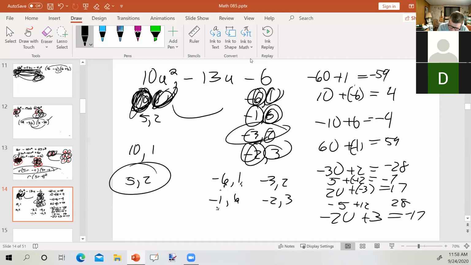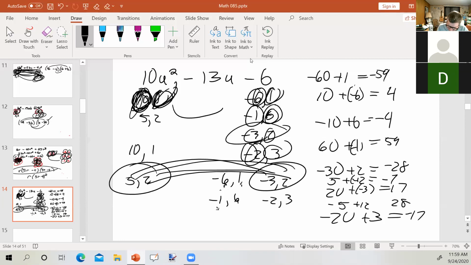Here, 5 and negative 3 is negative 15, and 2 is 4. No, that's still not right. How about 10 and negative 6? No, that's not right. Negative 10 and 6, that's not right. Negative 15. None of them are working.